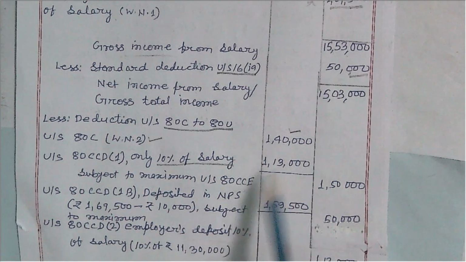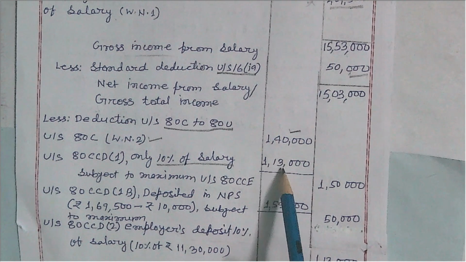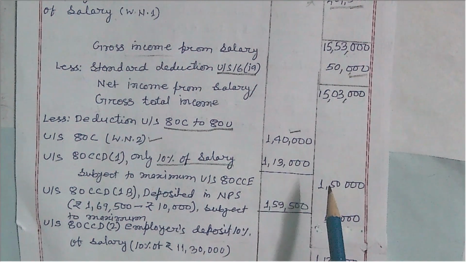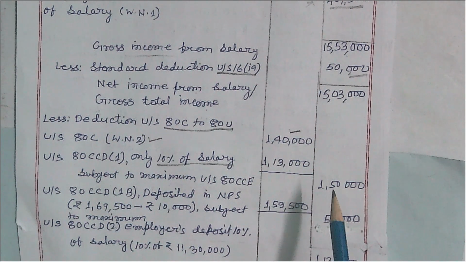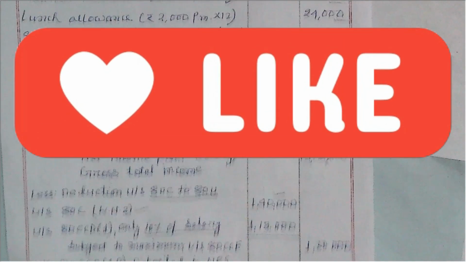And here we have to write down the qualifying amount, 1,13,000, which is the 10% of salary. Salary for this purpose is basic plus DA plus commission. Basic is 6 lakhs, DA is dearness allowance 4,80,000 and commission is 50,000.